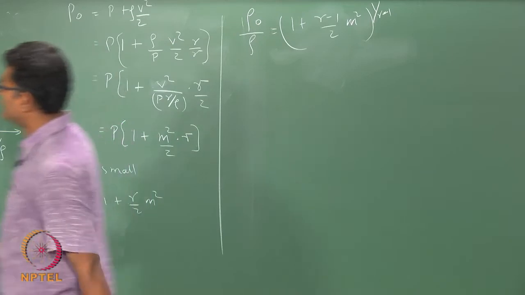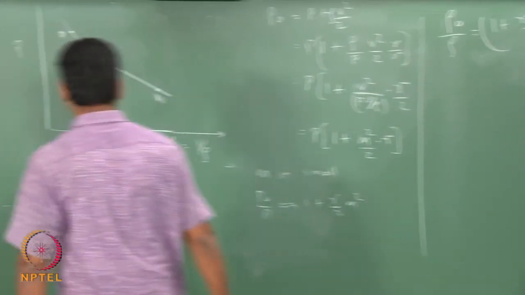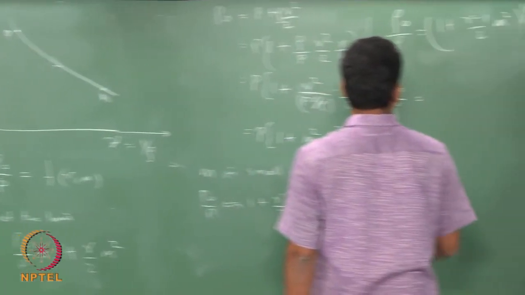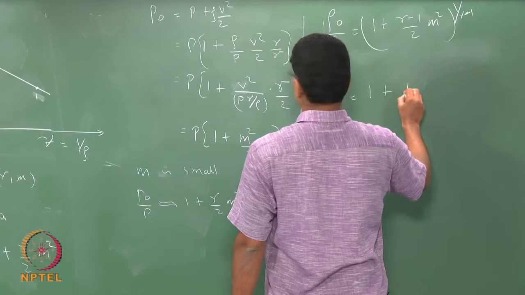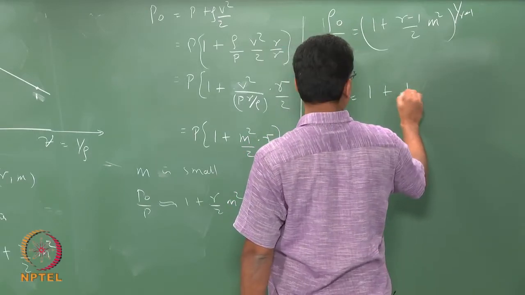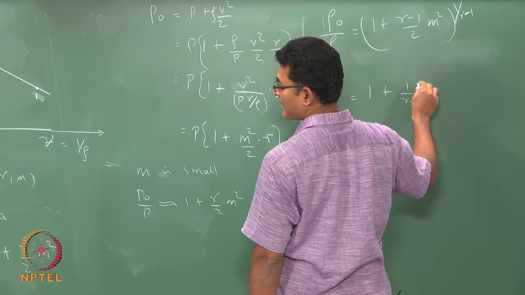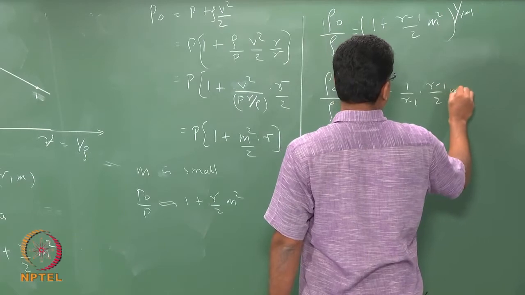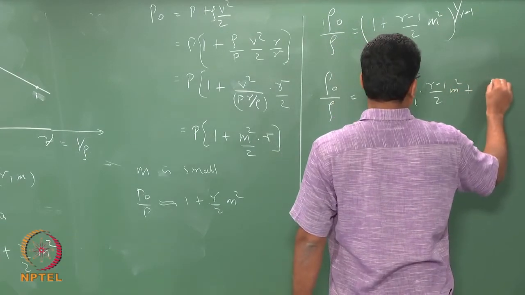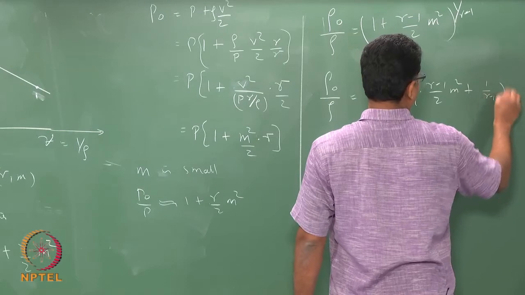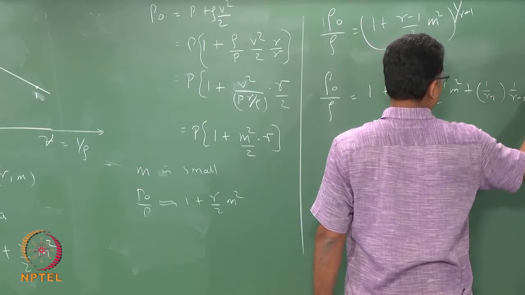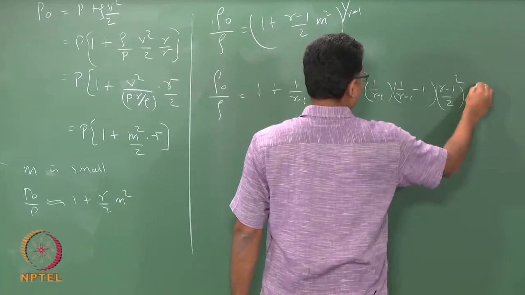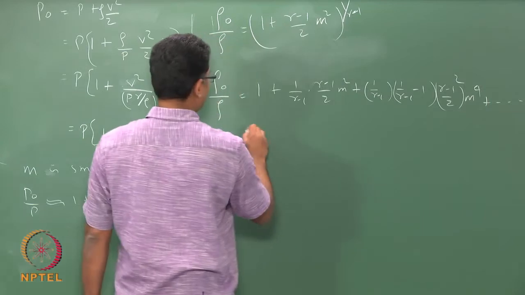Okay. I do the same expansion here. So, rho0 by rho is 1 plus n, which is 1 by gamma minus 1, into gamma minus 1 by 2 M square plus this.